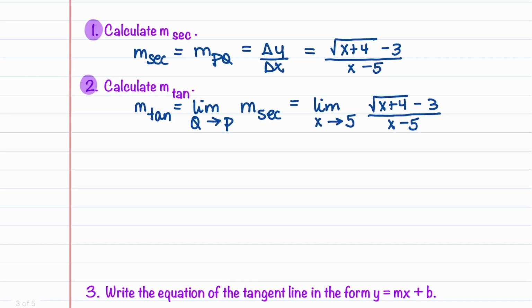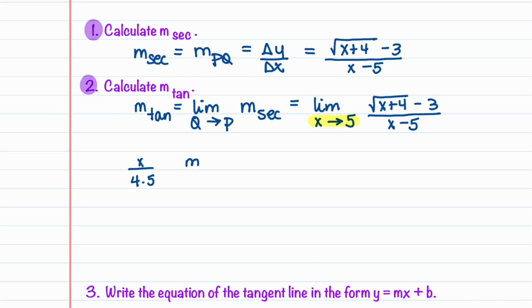Now here's where the hard work begins. When we compute the slope of the tangent line, we're going to let x approach 5. So we have to figure out where x should start. I'm going to start with point Q being to the left of point P, with x at the value 4.5.